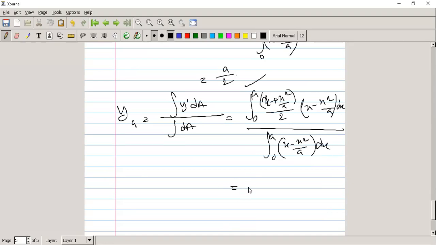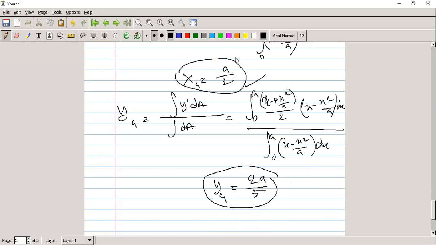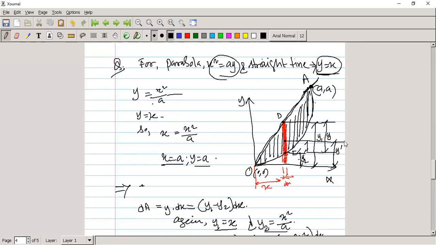Do this calculation on your own, and then you can find 2a by 5. This is your yg. So these two are the xg, yg centroidal coordinates of this cross sectional area of this hatched portion. Okay, for this hatched portion, this is your answer, means this is your centroidal coordinate or centroidal position.